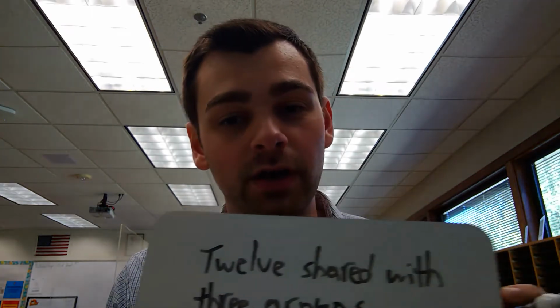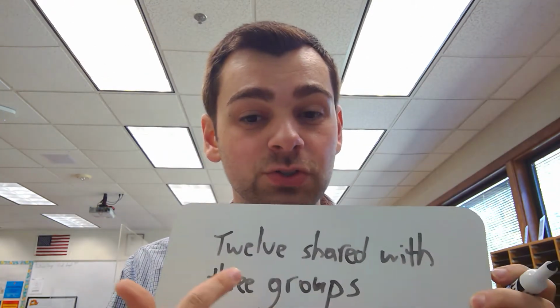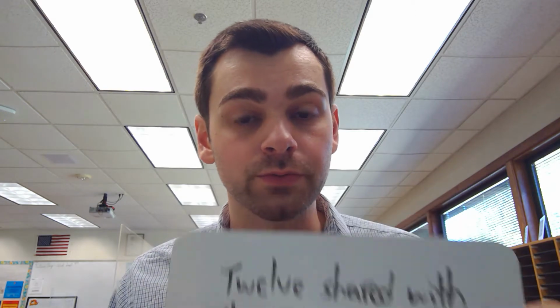Now, unfortunately, because of the way things work with cameras, it's flipped over. But that's what that says there, 12 shared with 3 groups. So for example, if you did 20 divided by 5, it would be 20 shared with 5 groups.